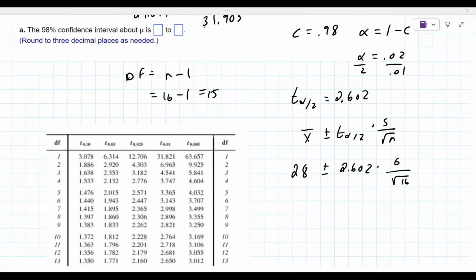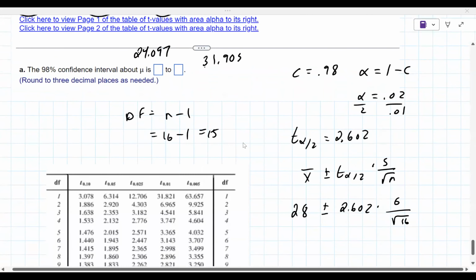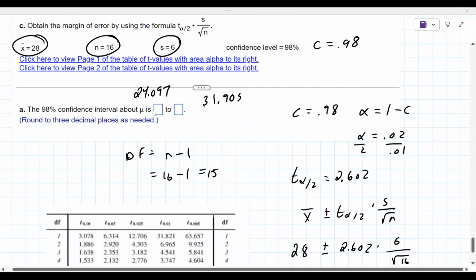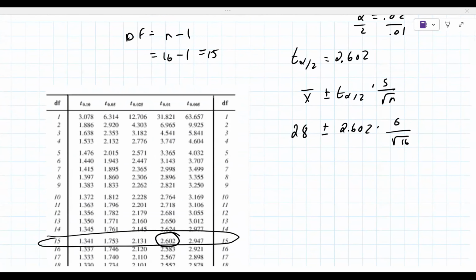Let me check on a different piece of software that I use. All right, 0.01, 15 degrees of freedom, 2.602. Yeah, 28 plus 2.602 times 6 divided by square root of 16. I don't know, maybe I just didn't enter them right.